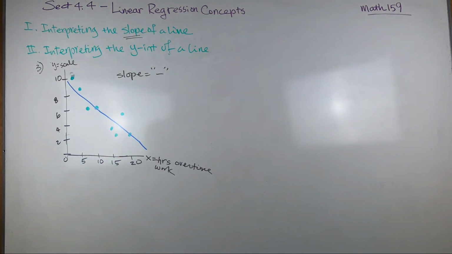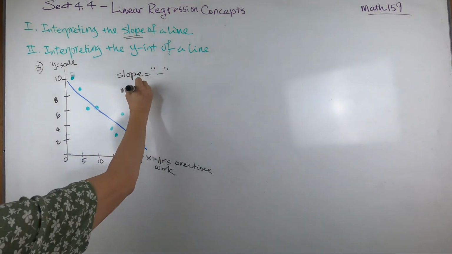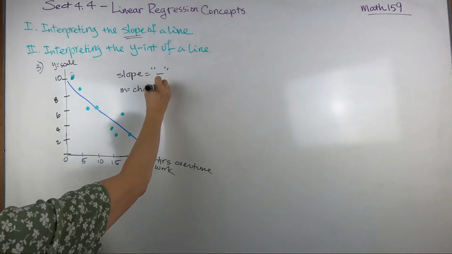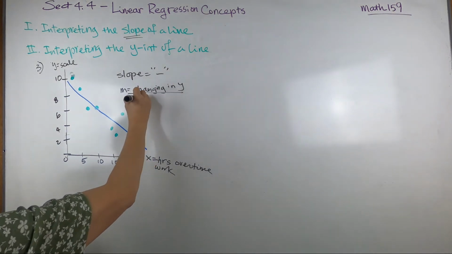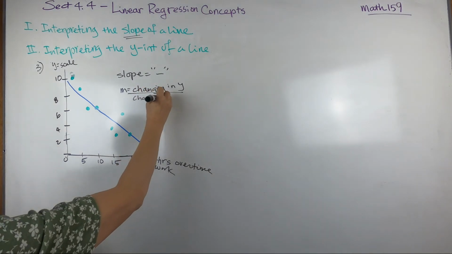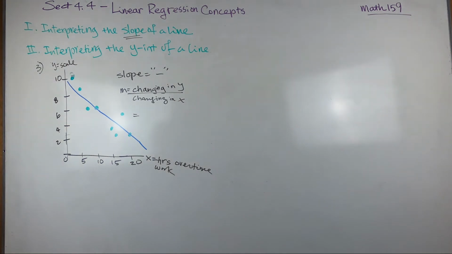Then how do we find the slope? Slope is what? Change in y over what? Change in x. Rise over run, right? So you need to find a few points you can pinpoint exactly where they are. Then you can just do rise over run.